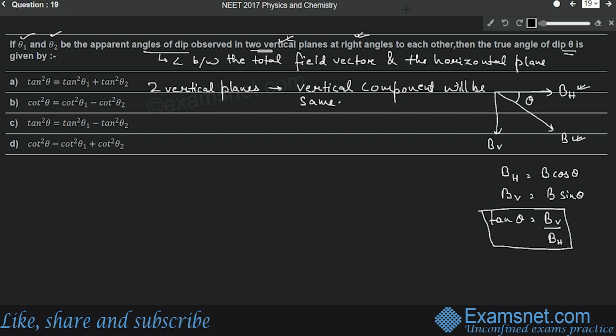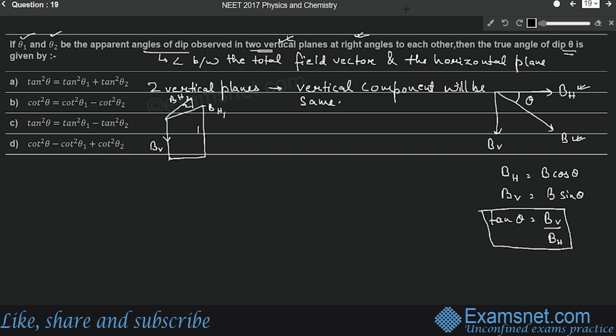So let's say this is plane 1, and this is plane 2. These are at some angle. This is the vertical component BV that will be the same for both, but the horizontal components will be different. This is BH1, the horizontal component for plane 1, and this side we have BH2, the horizontal component for plane 2.